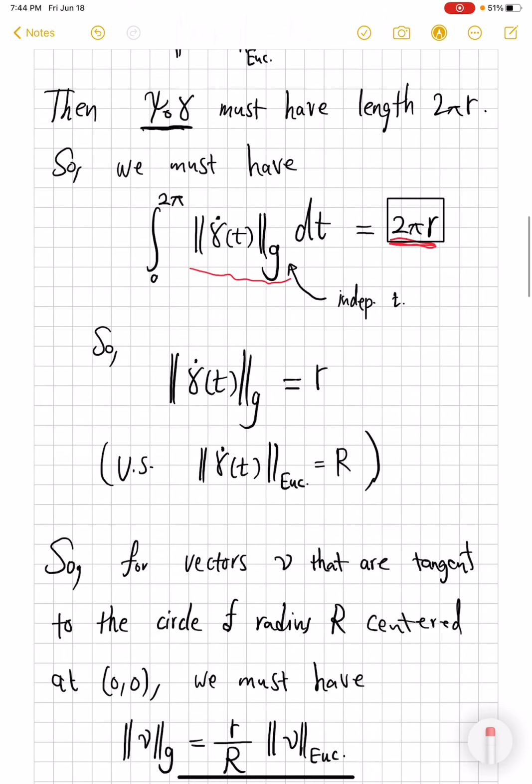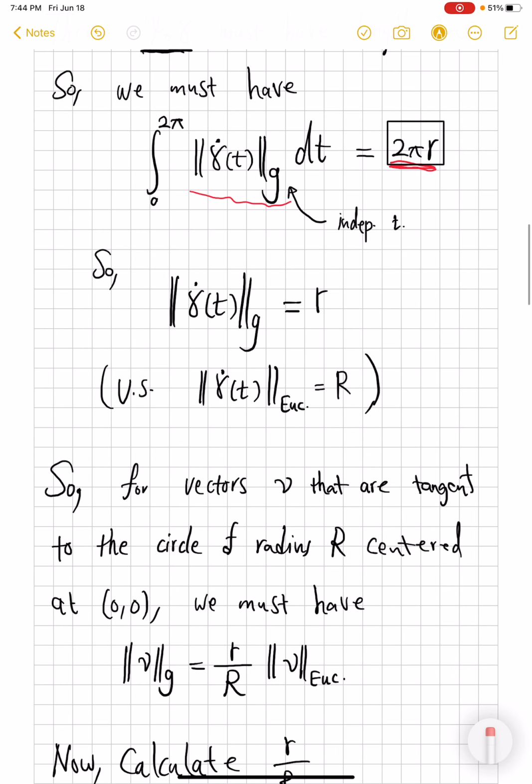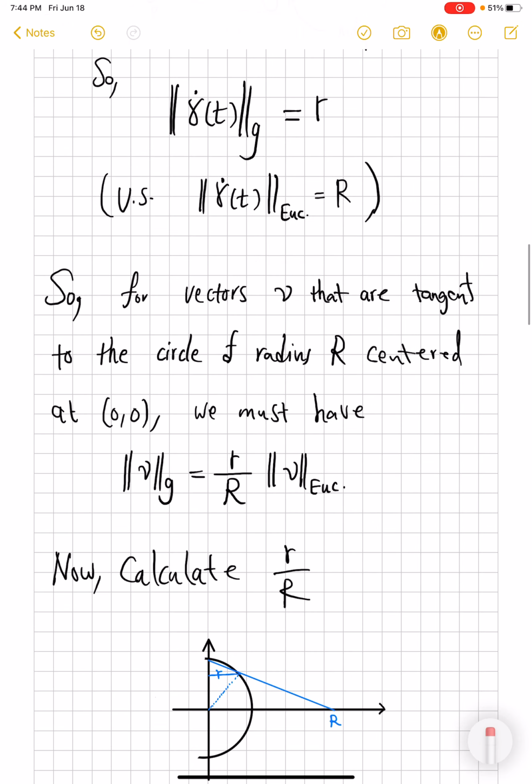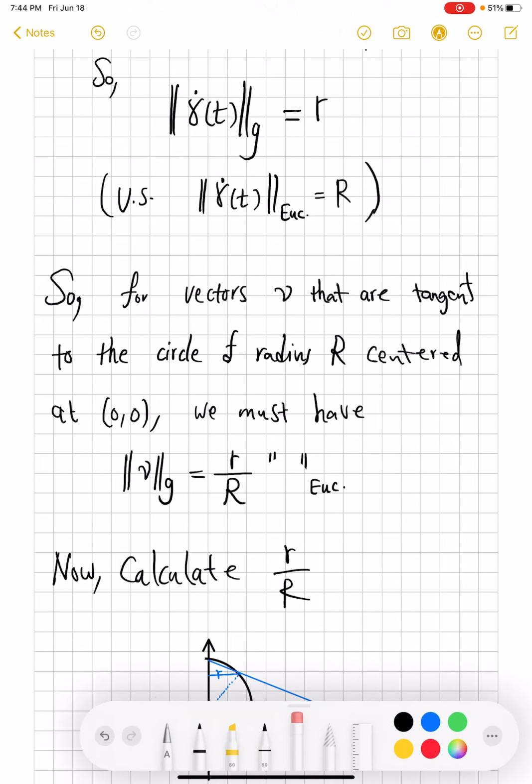So the vectors that are tangent to the circles, in other words, they are perpendicular to the radial direction in R2, scale by this factor little r over capital R. So capital R is a quantity given in terms of this v. It is just the distance to the origin of the base of my vector.